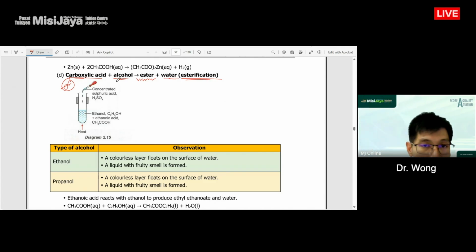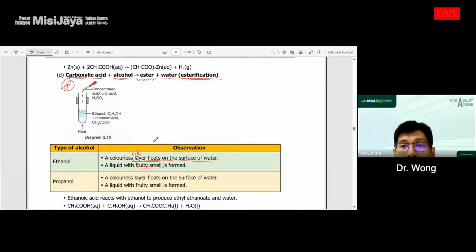So what is the property of ester? We can see if you use propanol or ethanol to react with ethanoic acid, both are producing the same thing. It is like a layer floating on the surface of the water, a bit of an oily layer. And then a liquid with a fruity smell is formed. Okay, so we will smell that it is like oranges and others.